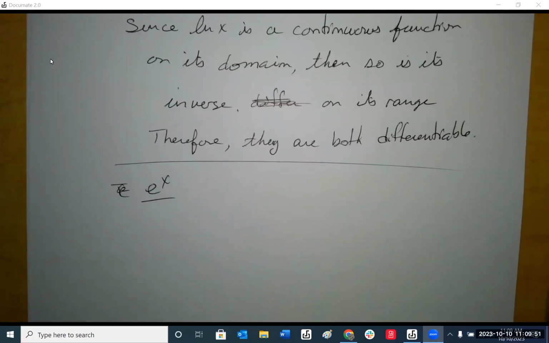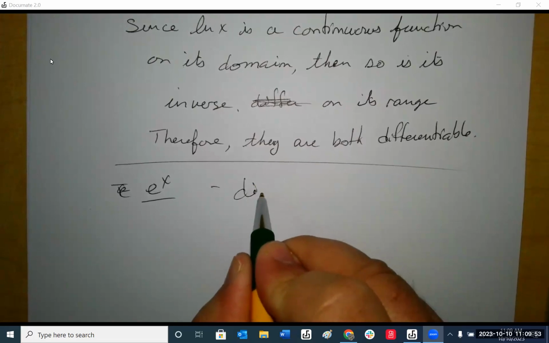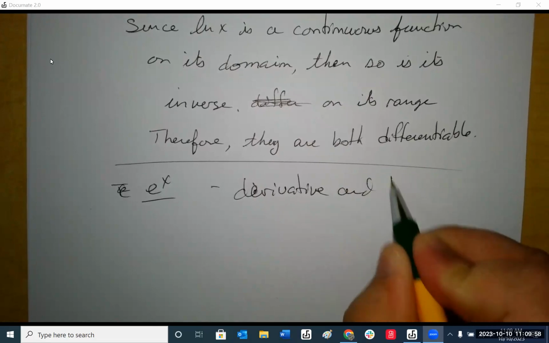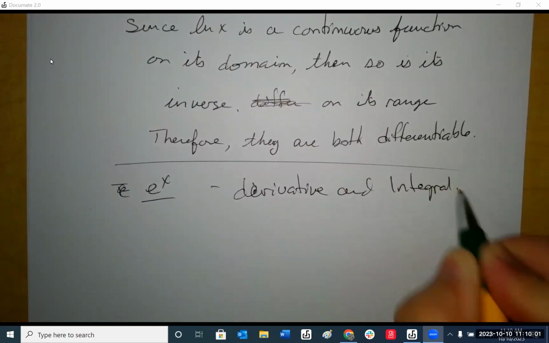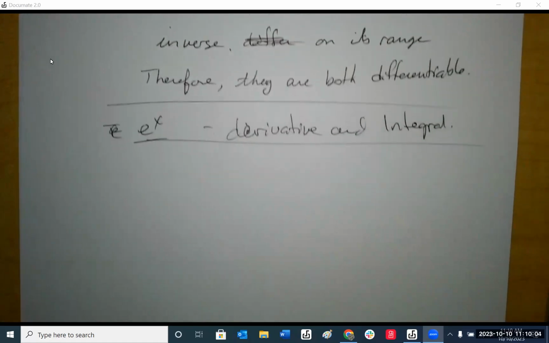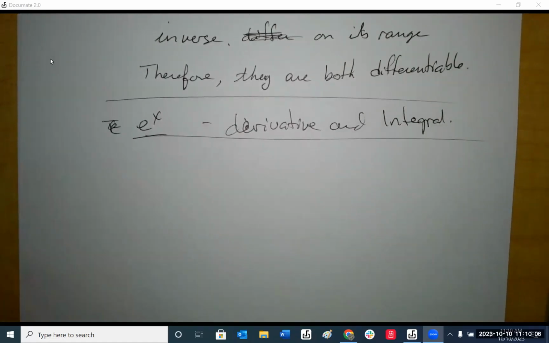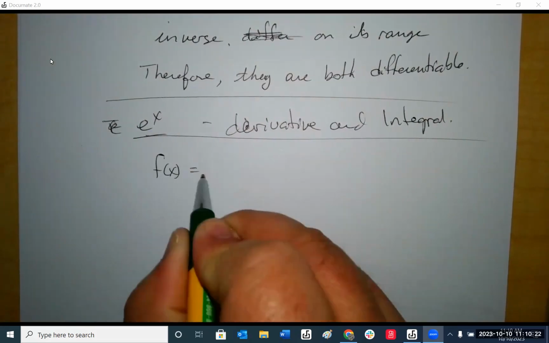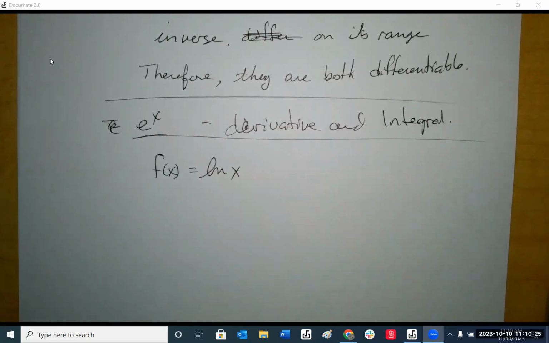So we're looking at e. Let's look at its derivative and integral. And the beautiful thing about e is its simplicity. Let's say f equals ln x.